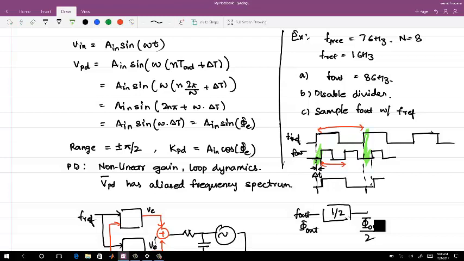So the thing is, you have a separate loop. You will have a separate frequency detector or phase frequency detector, or a separate loop, which will bring the frequency close to a very small range, like maybe 50 ppm or 100 ppm. And then you let this loop operate.